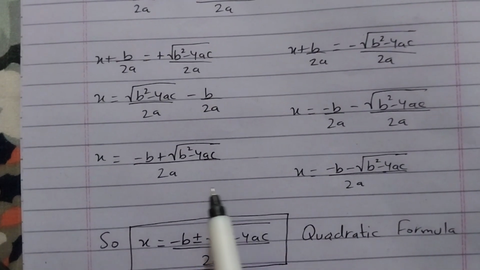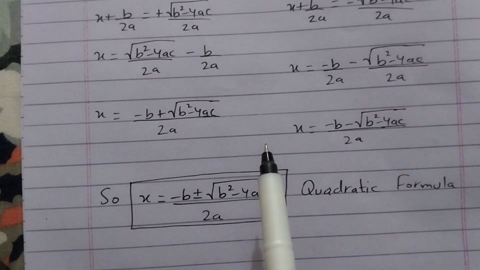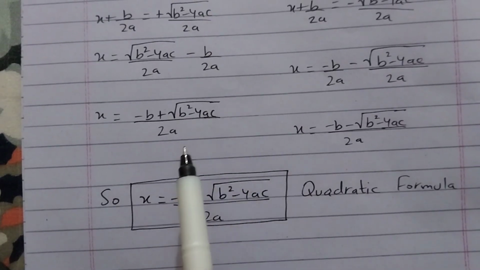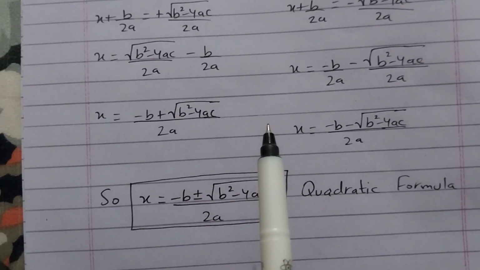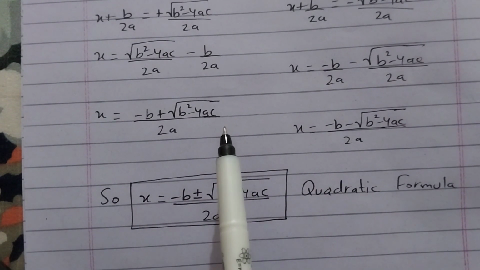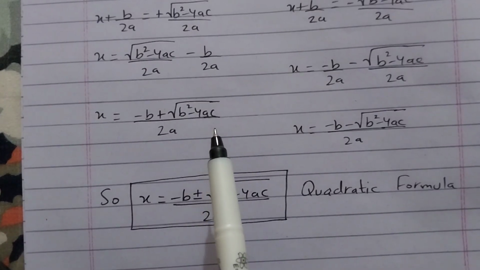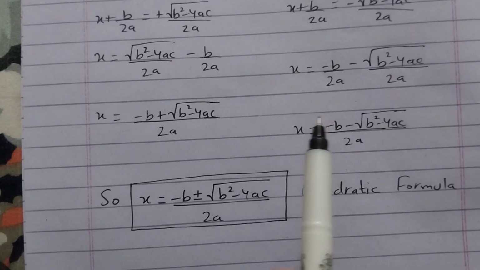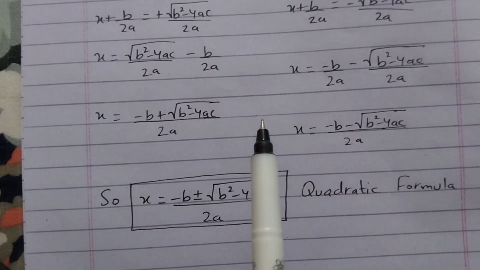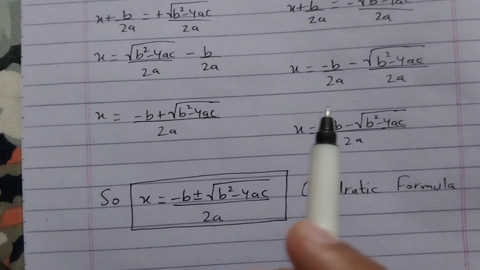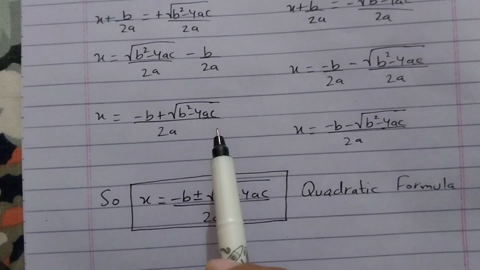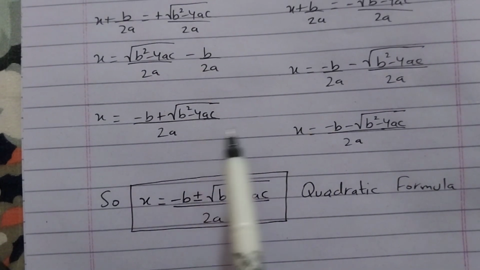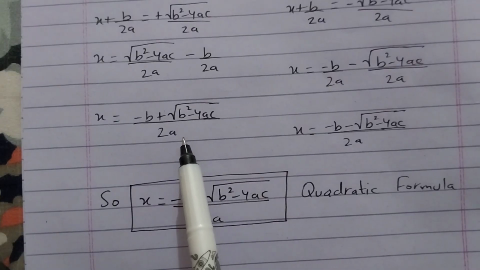So we have two solutions, and there should be two solutions in the case of a quadratic, because a quadratic equation is an equation of degree 2, so it has two solutions. Under some particular condition it can have only one solution, but generally it has two solutions.